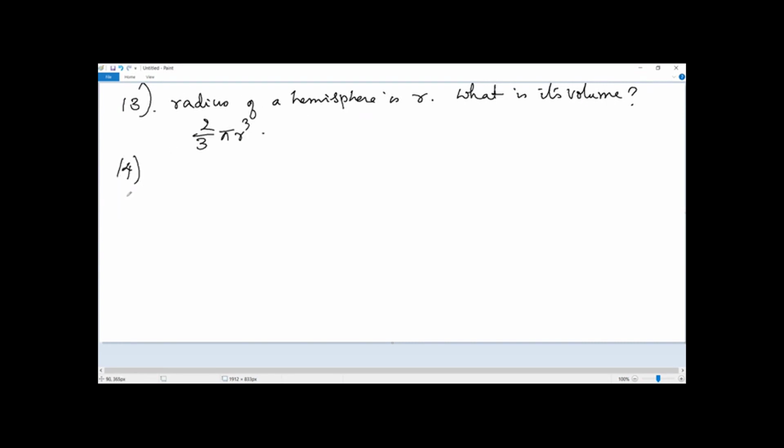Next question, Sanjana Chittapache. Find the area of a triangle with the base 6 centimeter and altitude 8 centimeters.